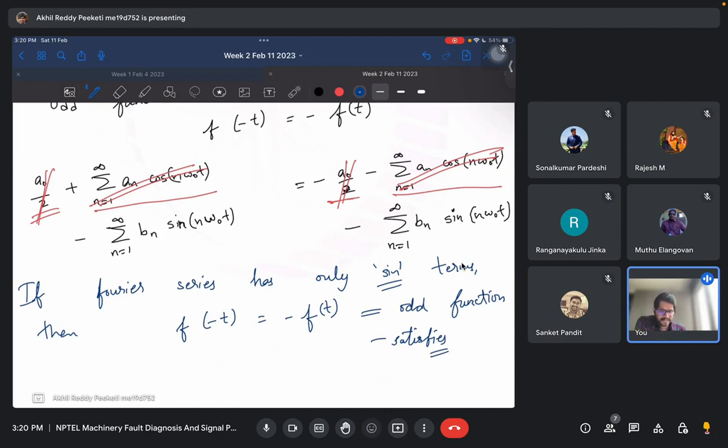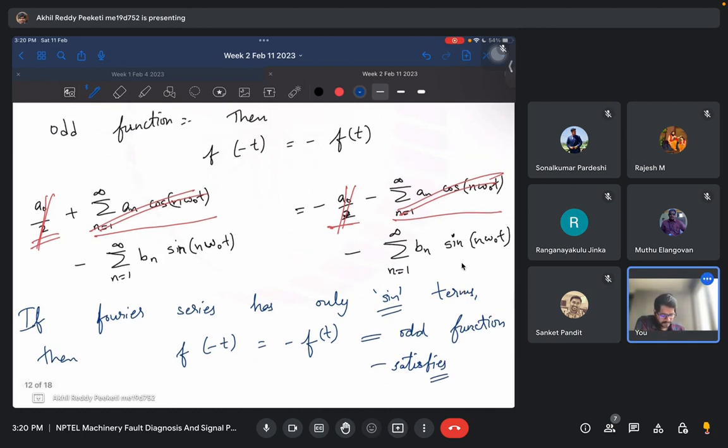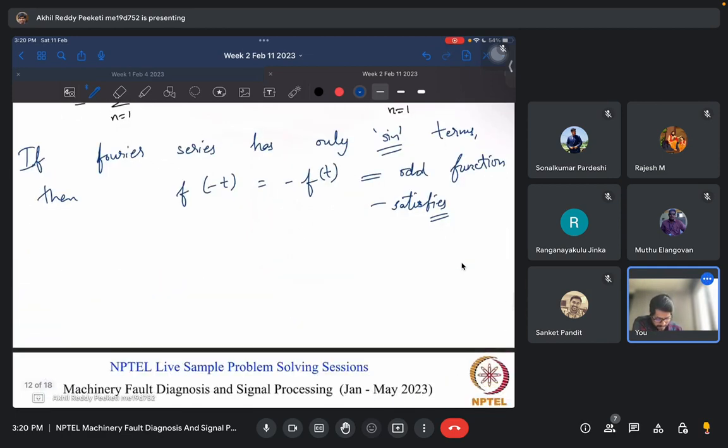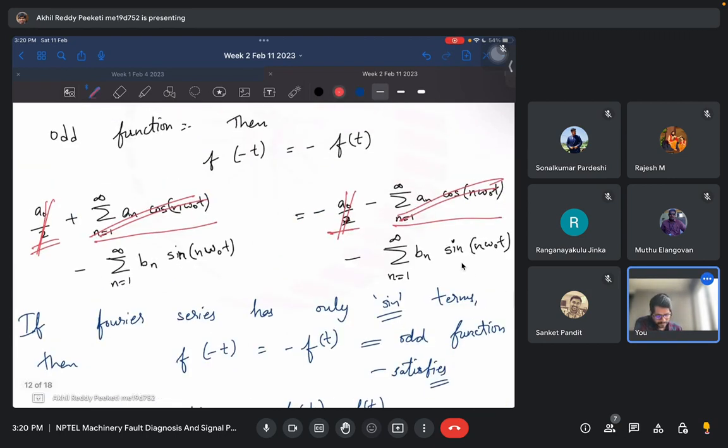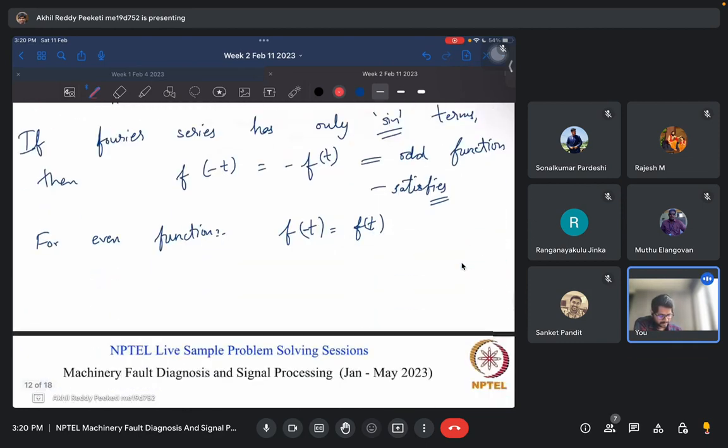Now if it has to be an even function, then f of minus t would be f of t. So that would actually give that cos terms should be present, and if you have sine terms, then you won't have an even function.